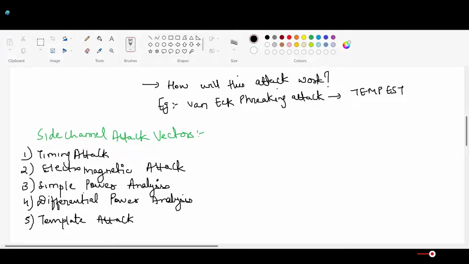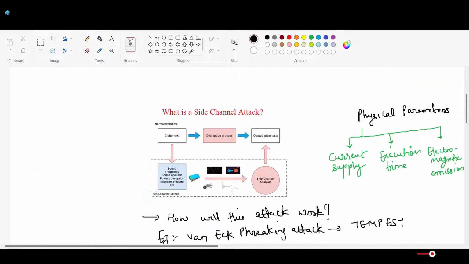Here we try to recover cryptographic keys by exploiting an identical template device and comparing the side channel data of both devices. So these are a few of the side channel attack vectors through which we can measure and analyze physical parameters.